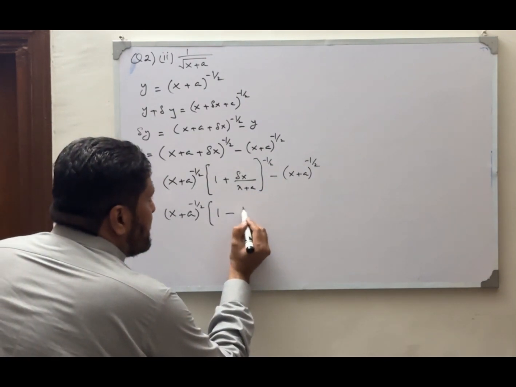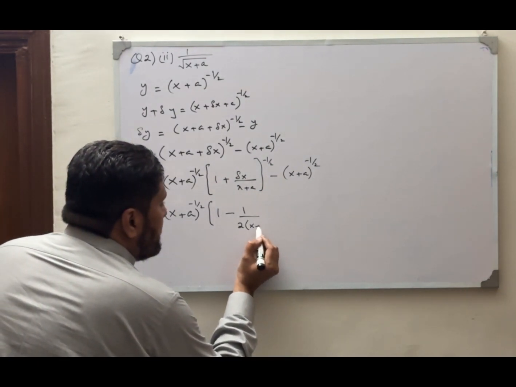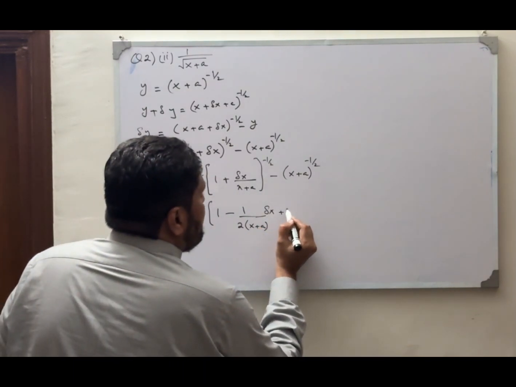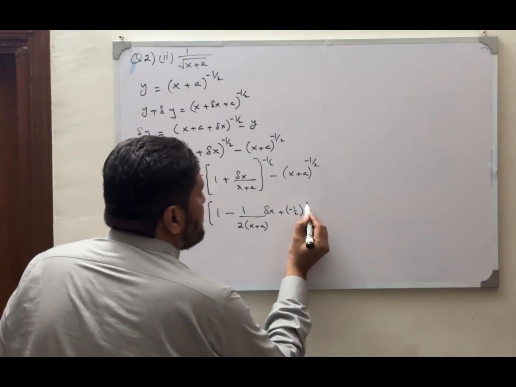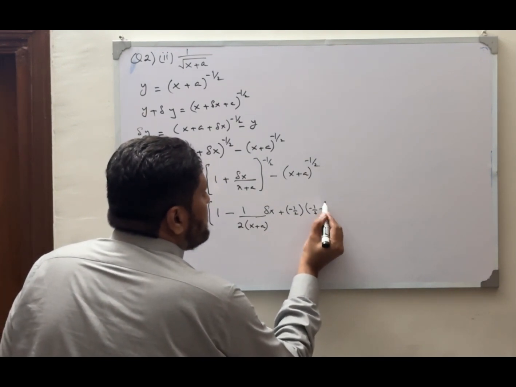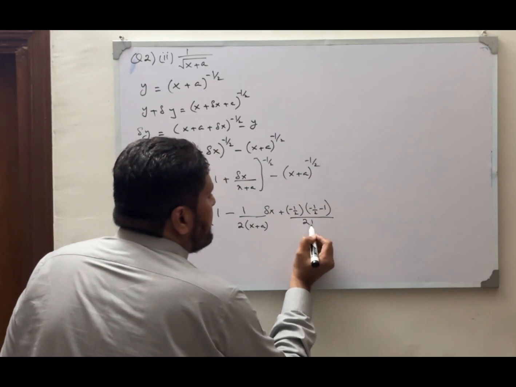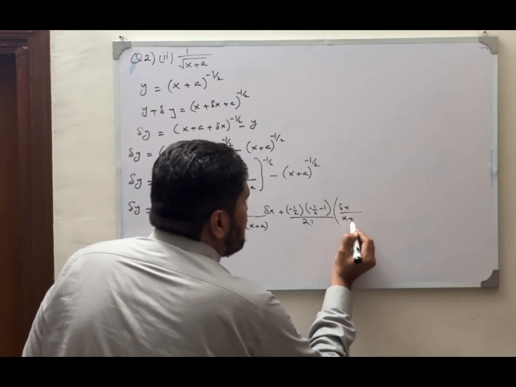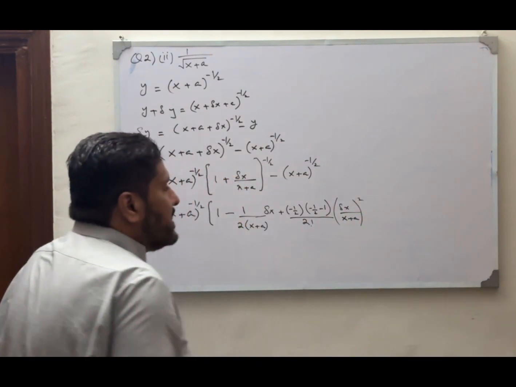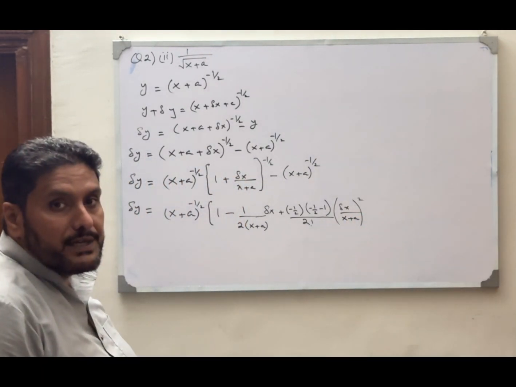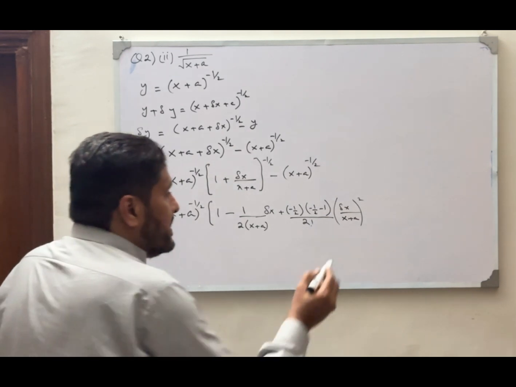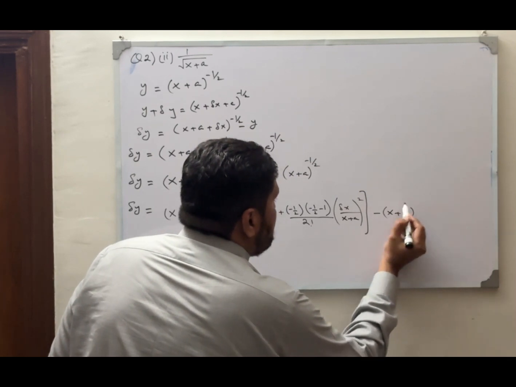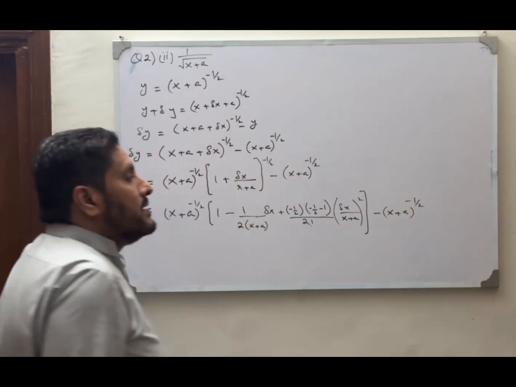So this will become 1 minus 1 by 2 into delta x over (x plus a), plus n into (n minus 1), minus 1 by 2 into (minus 1 by 2 minus 1) whole divided by 2 factorial into x square, that will become delta x over (x plus a) whole square. We neglect the remaining terms, we only have to take the 2 terms of the binomial expansion. And the last term, that is minus (x plus a) power minus 1 by 2.